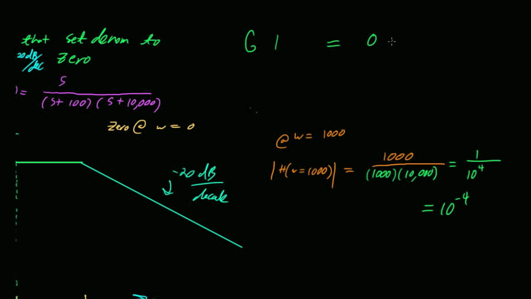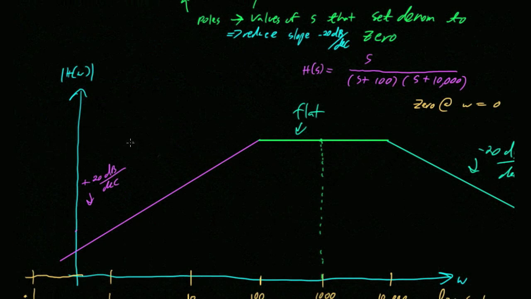A gain of 0.1 is negative 20. A gain of 0.01 is negative 40. So that's 10 to the minus 1, 10 to the minus 2, 10 to the minus 3, 10 to the minus 4. So as it stands right now, this is at negative 80 dB. Some filter. Okay? So how do we fix that? Let's say I want 0 dB in the passband.